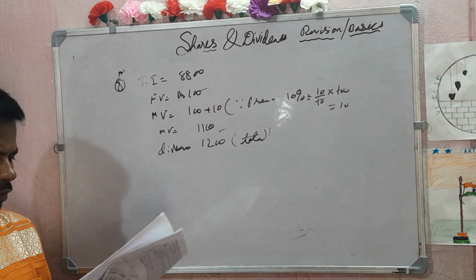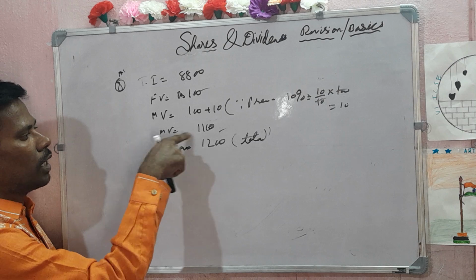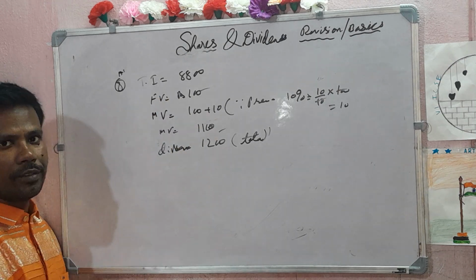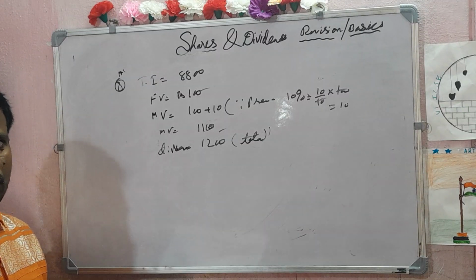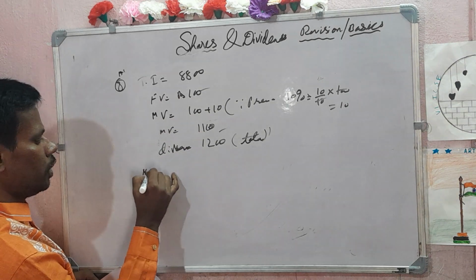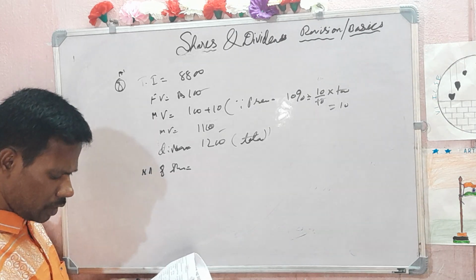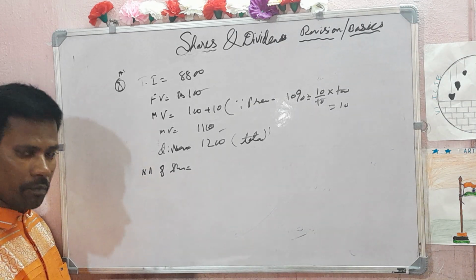From this, total investment is given, market value is given, so we can find the number of shares, the number of shares he has in the company. Easy method, easy solution.